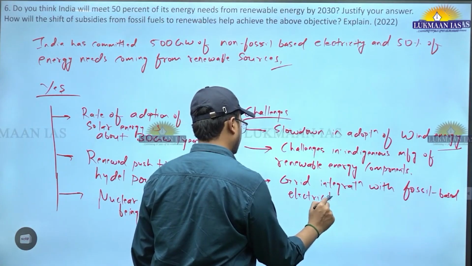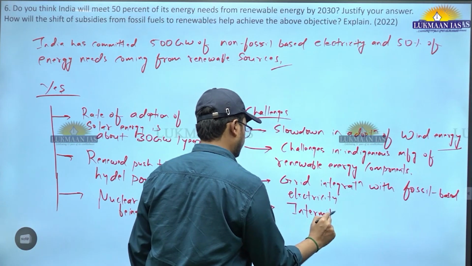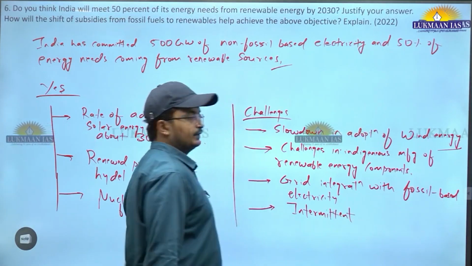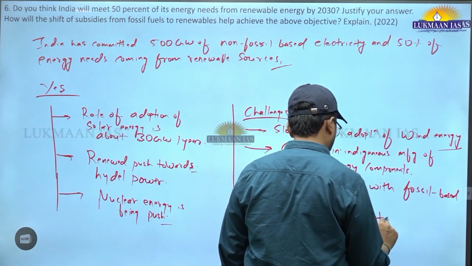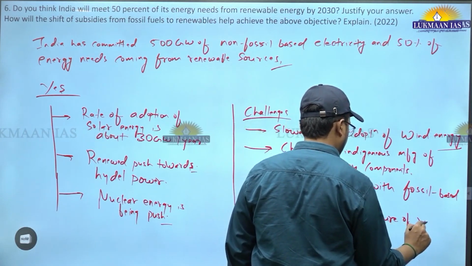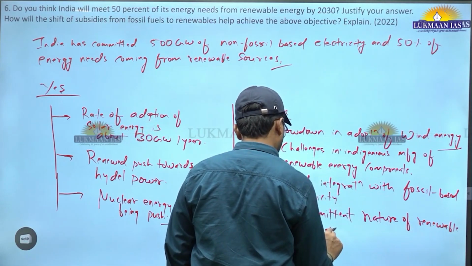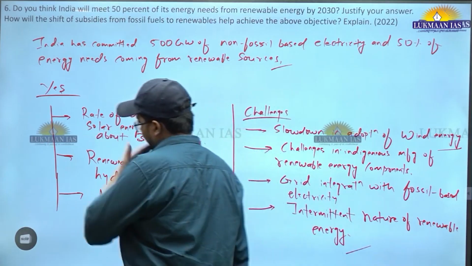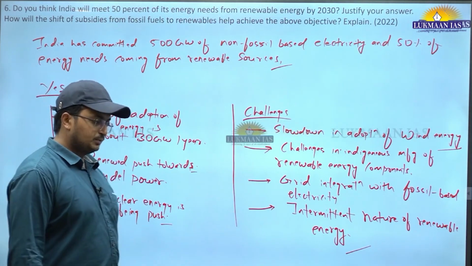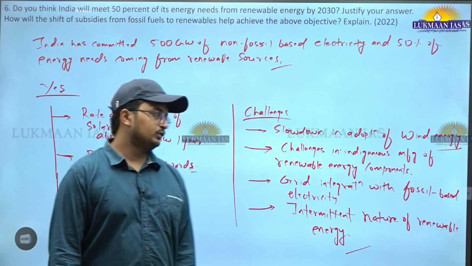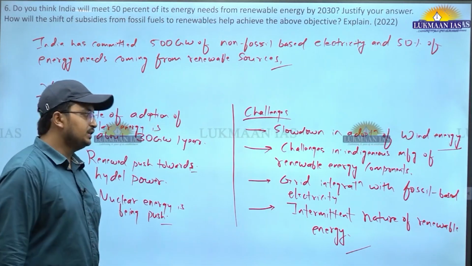And fourth, the intermittent nature of renewables. So this is one of the other ideas. Also there is a slowdown in adoption of rooftop solar power. The government has come out with Pradhan Mantri Surya Muft Ghar Bijli Yojana.